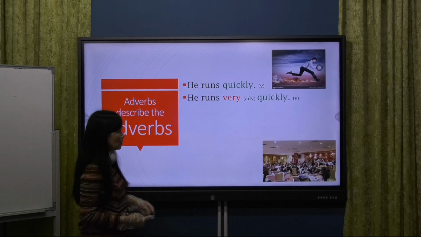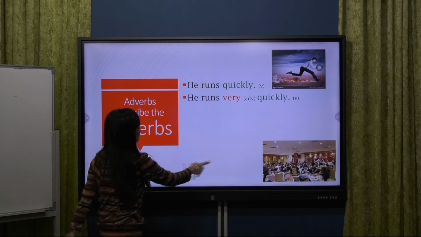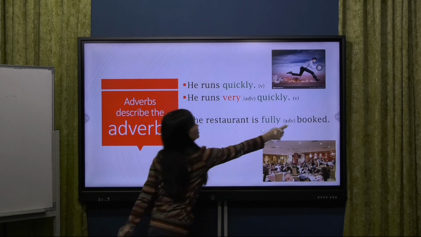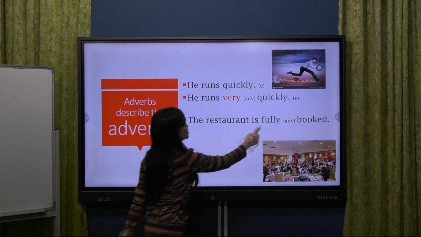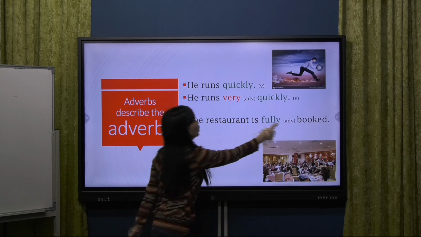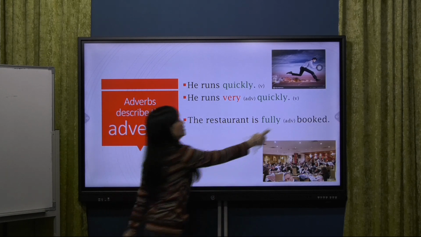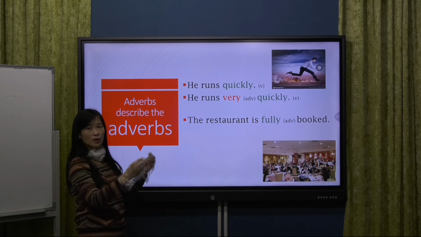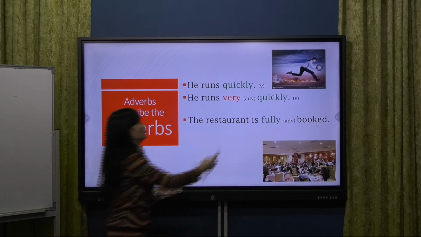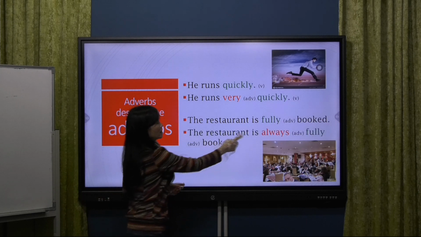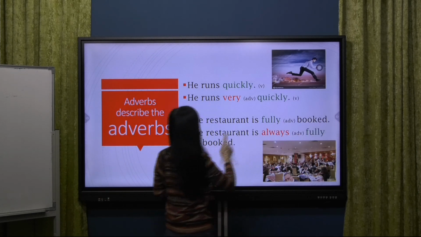One more example. This is a restaurant. And now, this time is correct, ADV. The restaurant is fully booked. And this fully in itself is an ADV. And I want to stress more about how full it is. What I would say is, the restaurant is always fully booked.